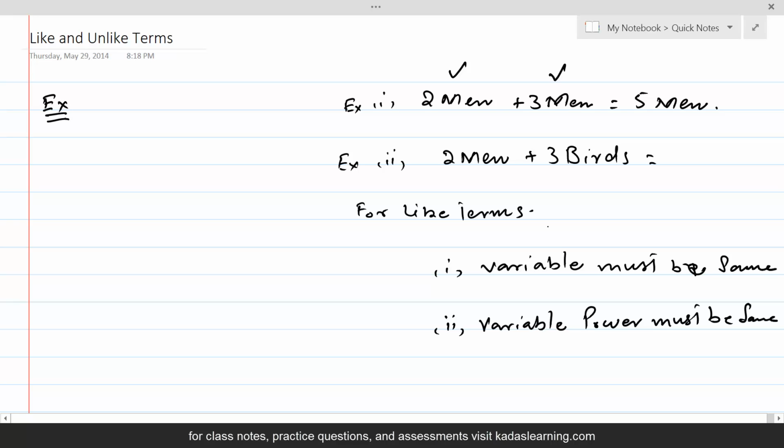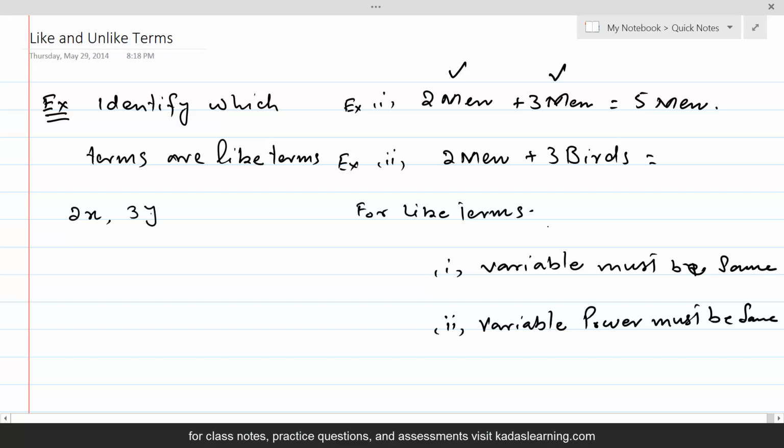So example, identify which terms are like terms. And here the terms are given: 2x, 3y, 15, and 5x.